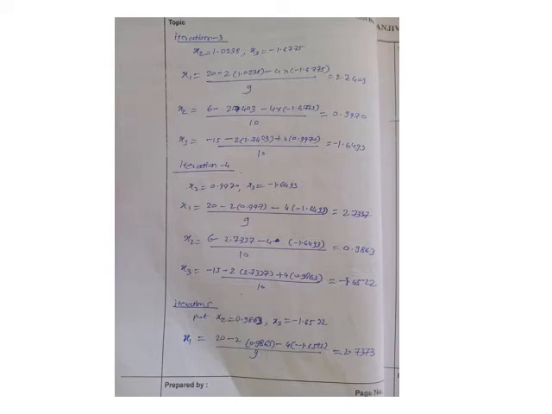Now in iteration number 3, you will use the previous value of x2 and x3 to get the value of x1. Okay, then while calculation of x2, you will use x1 as 2.7403 and x3 as minus 1.6775 to get x2.